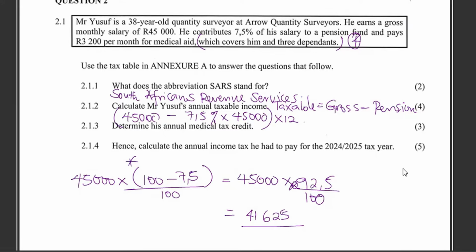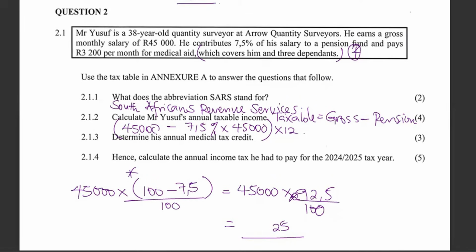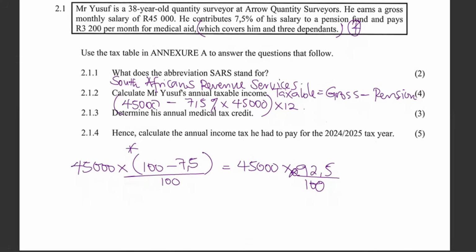Then someone else might ask me, how come? Let me do this here. So here we are saying we remain with, because this is 45.